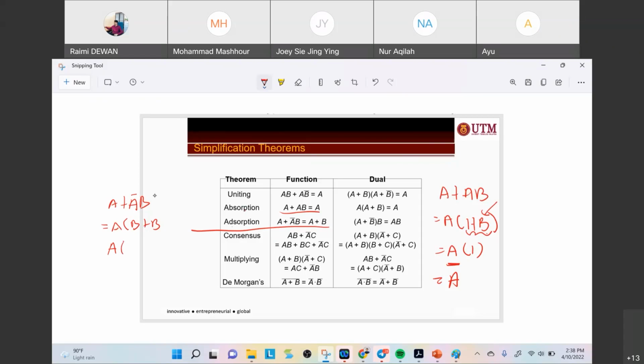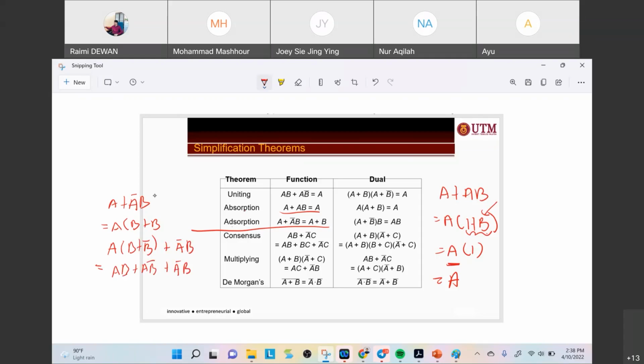You can teach me and teach the class. I don't know what happened to my mind. This one should actually be easy. B plus B bar plus A bar B should be B plus A B bar plus A bar B.